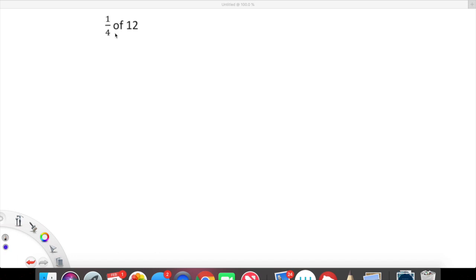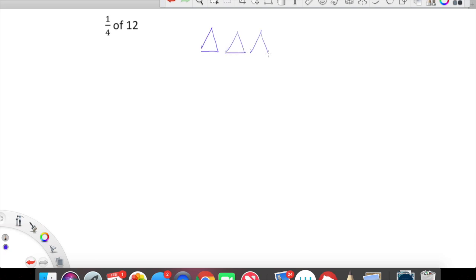Next, we're looking at 1/4 of 12. Let's change it up. I'll draw triangles this time. I'm going to draw 12 triangles, and I'm going to draw the triangles in rows of 4 because our denominator is 4. So if we need 12 triangles total and we have rows of 4, how many rows will we have?